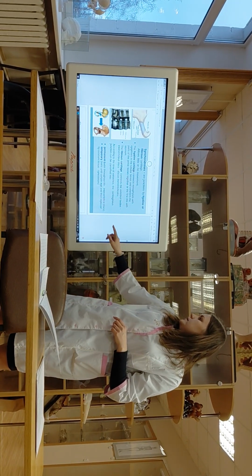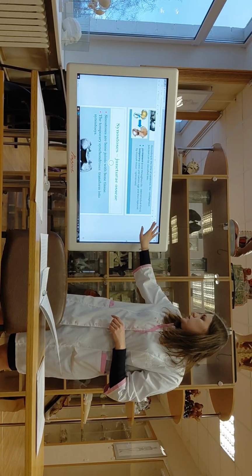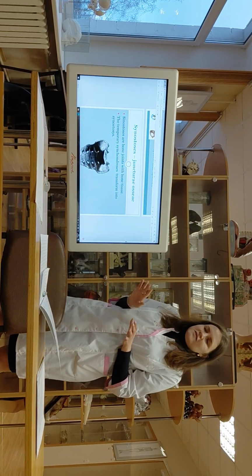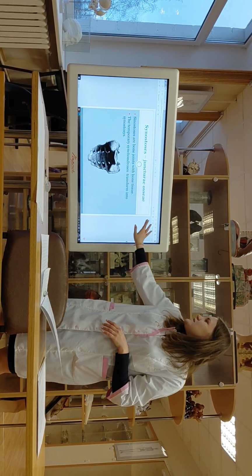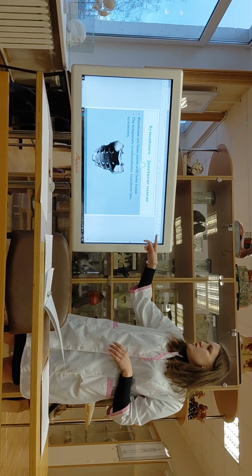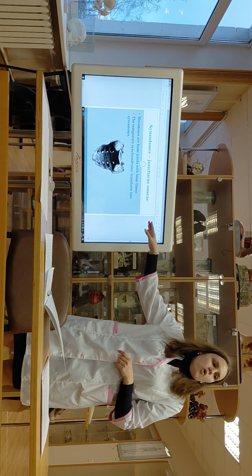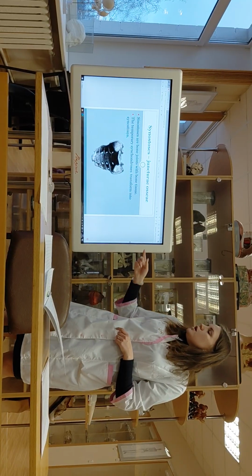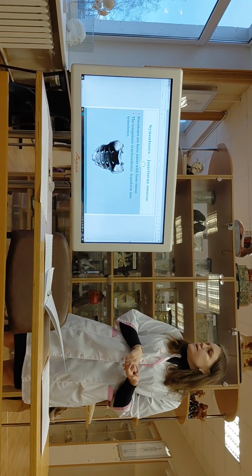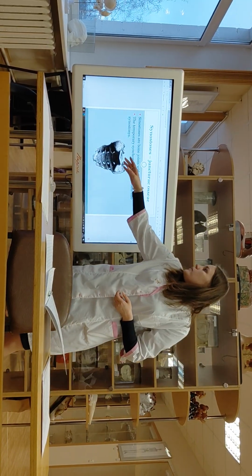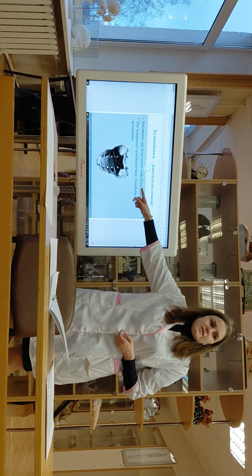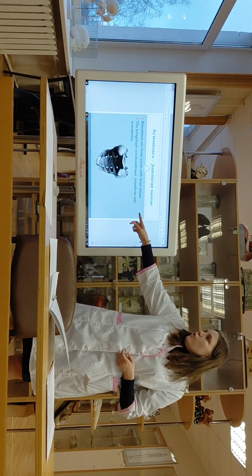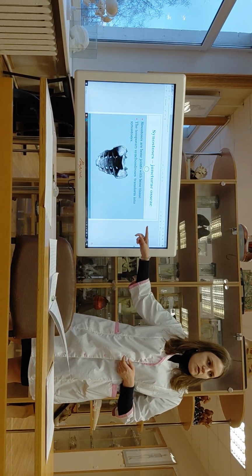Synchondrosis can also transform into synostosis. Synostosis is the last group. This is bone tissue. Examples of synostosis are the coccyx, sacrum, and hip bone. The temporary synchondrosis transforms into synostosis.